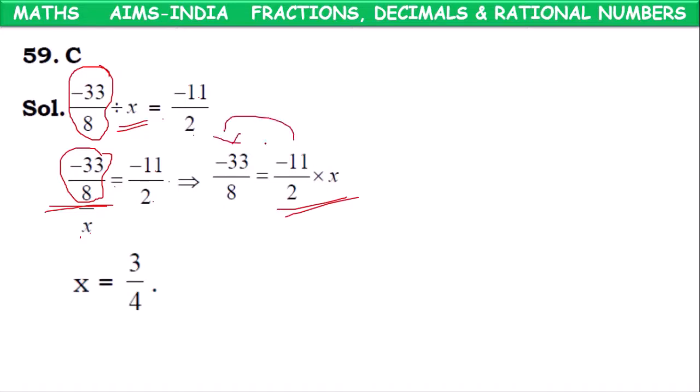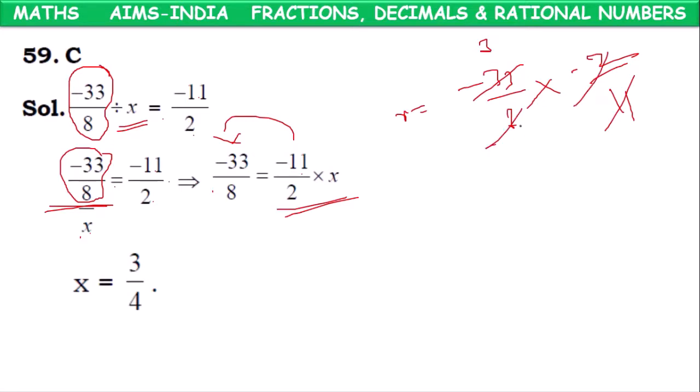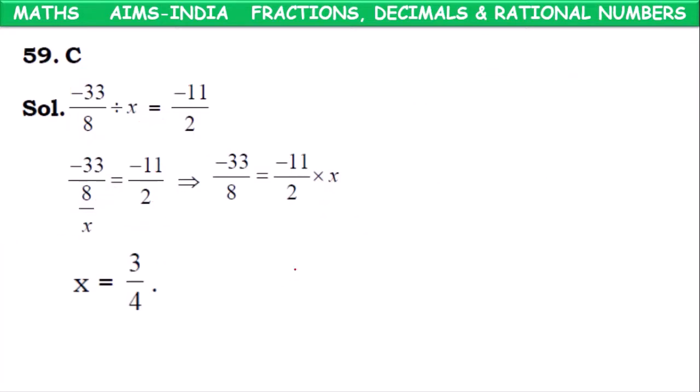This we can take to this side: x equals minus 33/8. When this comes to this side, it becomes the reciprocal. Minus 12/11 we keep upside down. 11 times 3 is 33, 2 times 4 is 8. Minus into minus is plus. So the answer is 3/4. The value of x is 3/4.